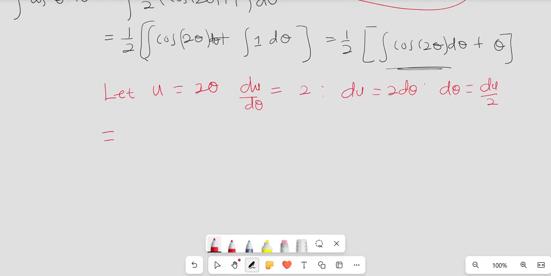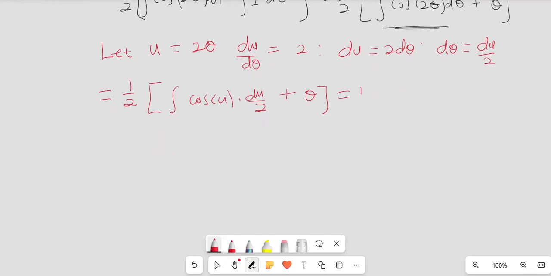So our integral now becomes 1/2 the integral of cosine of 2 theta, and 2 theta is now u, so we have cosine u times d theta, and d theta is du over 2, plus theta. We already integrated 1 in the theta world, which is theta.